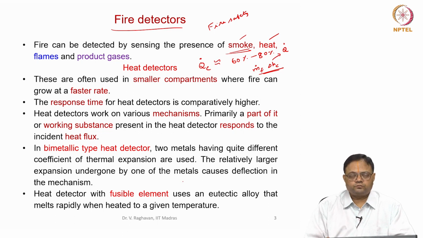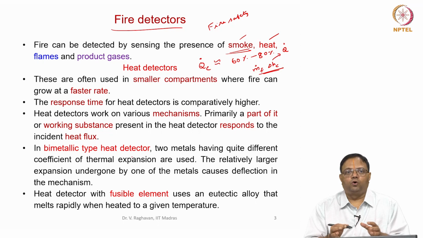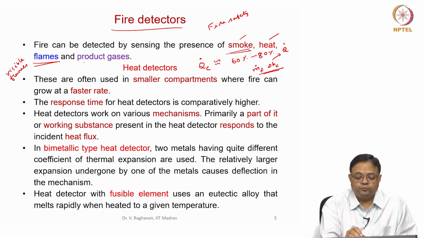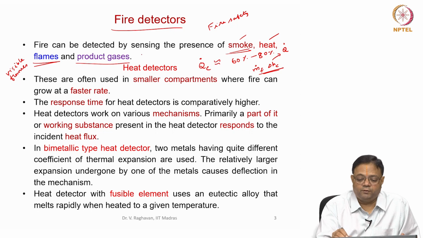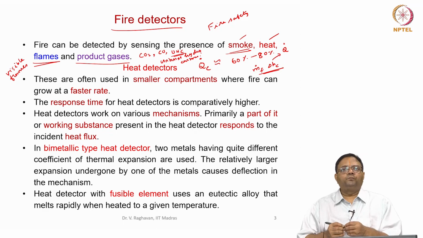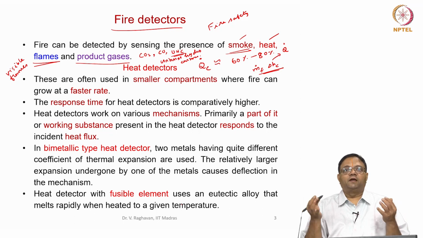Now, at the bottom, near the fire source, we can also see visible flames, and product gases are there, for example CO2, CO, some unburnt hydrocarbons, etc. So, we have several things out of which we can detect a fire.